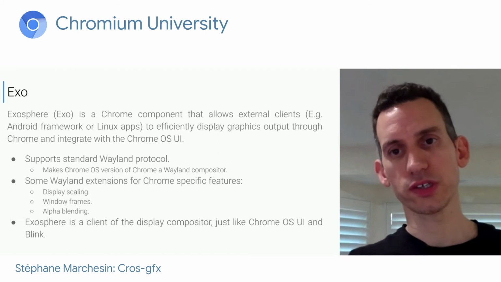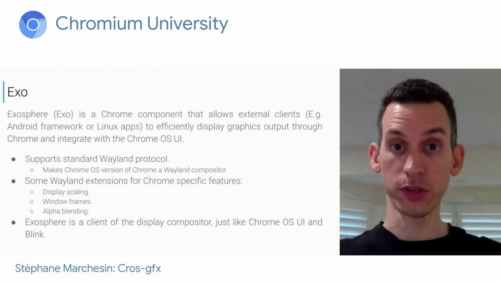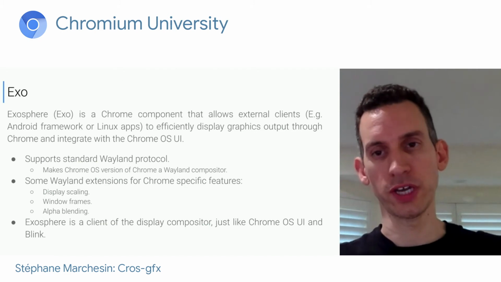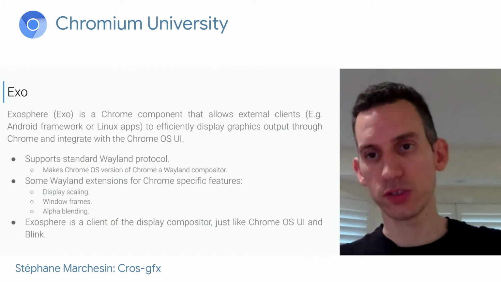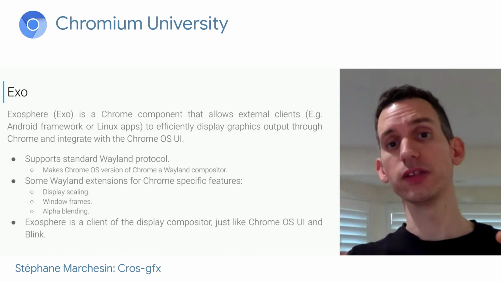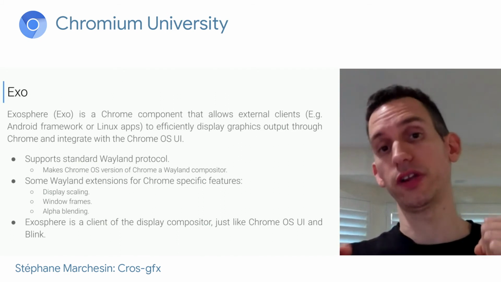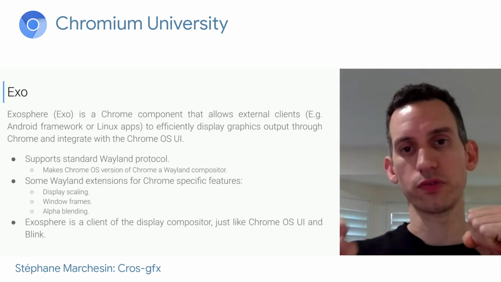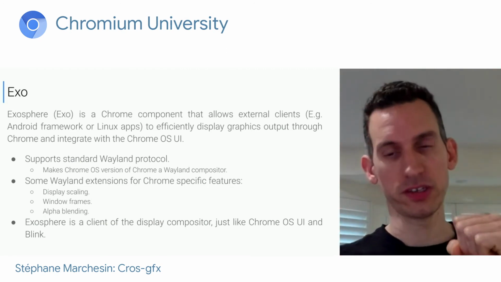The way this works is that on one side, Exo implements the Wayland protocol, which is a display server that allows applications to connect to it and request to show buffers. On the other side, with all the surfaces that it has gotten from the Wayland side, it takes those buffers and surfaces and injects them into the compositing tree.